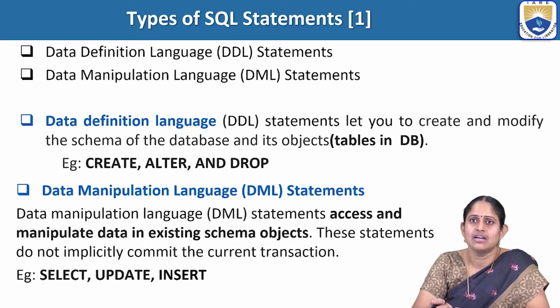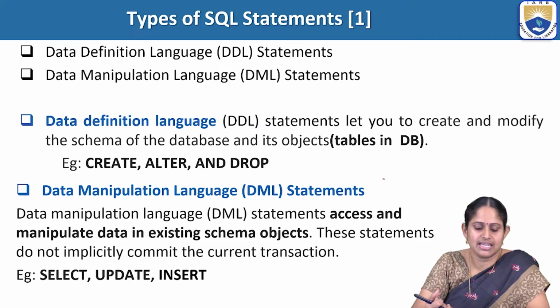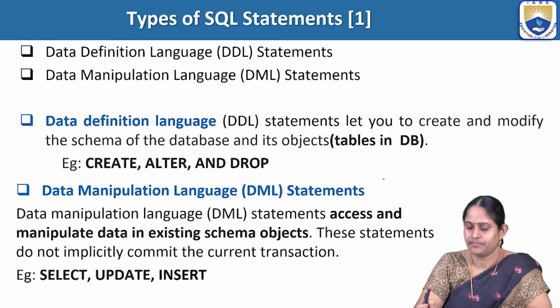Examples are create, alter, and drop. The data manipulation statements are used to access and manipulate the data in the existing database. These statements do not implicitly commit the current transaction. Examples are select, update, and insert statements.